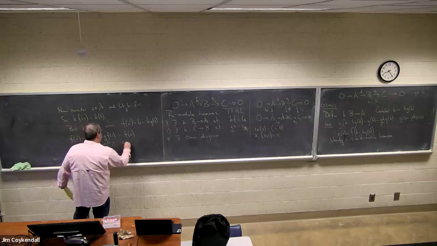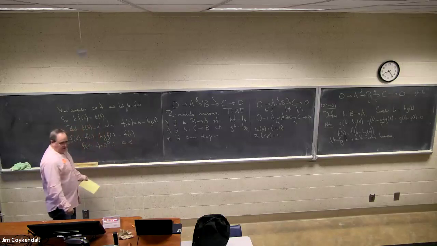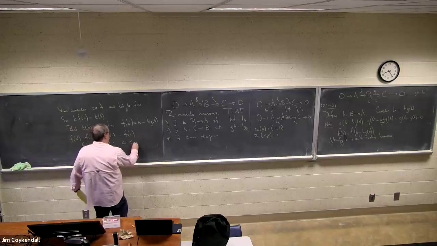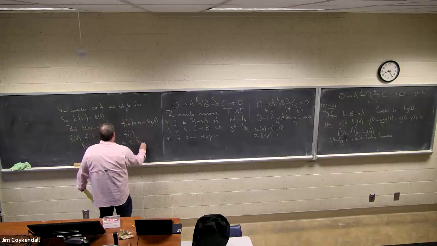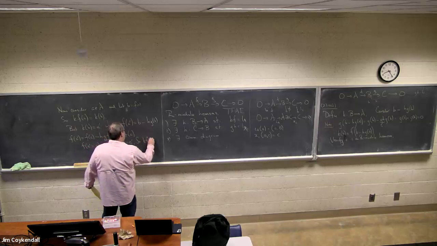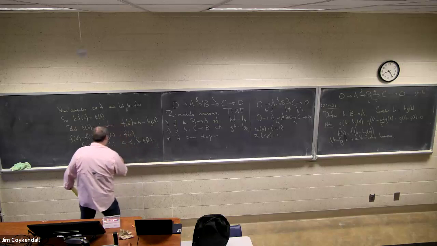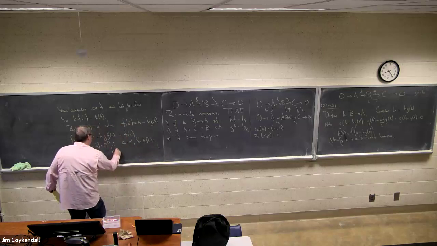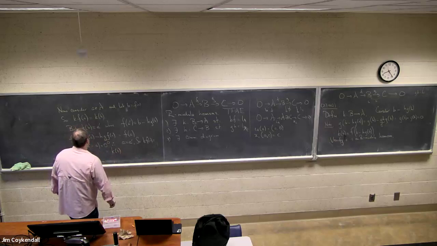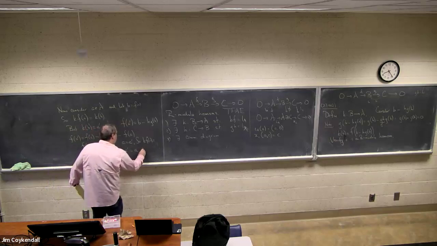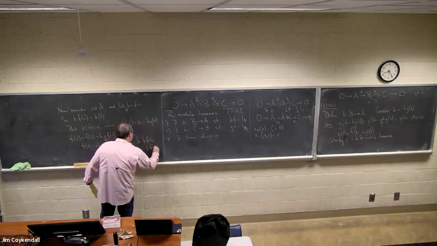Therefore, A is equal to A prime, because this is a one-to-one function. So the upshot is A F of A is equal to K of B, which is A prime, which is A. Therefore, A F is A.